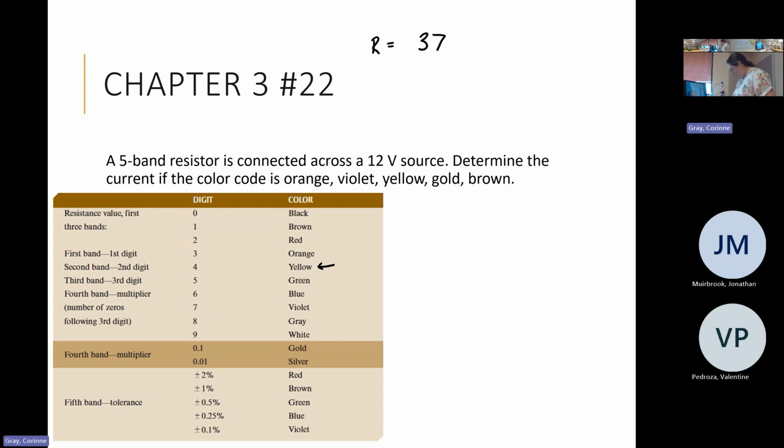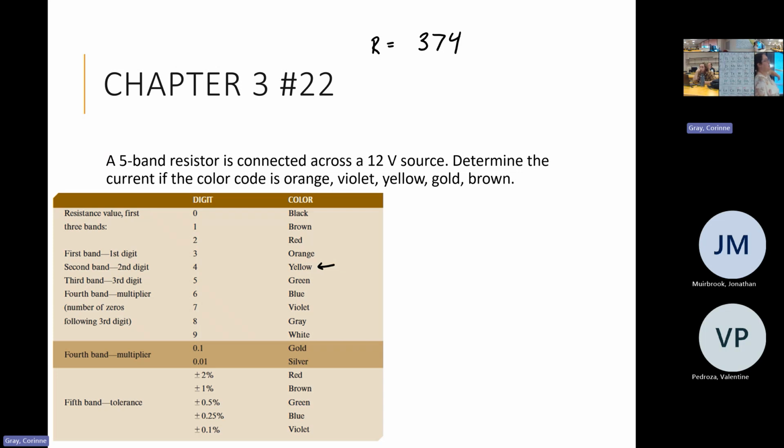And that is going to be a 4. So that is my first 3 bands. So if I'm looking at this table here, these are the first 3 bands that are coming down. So this section is the first 3 bands.